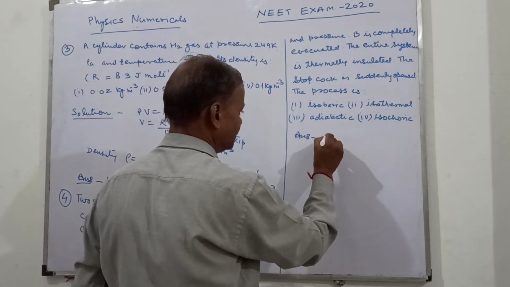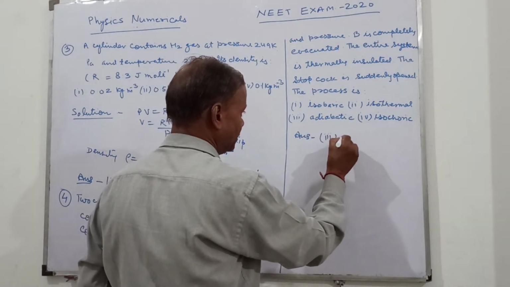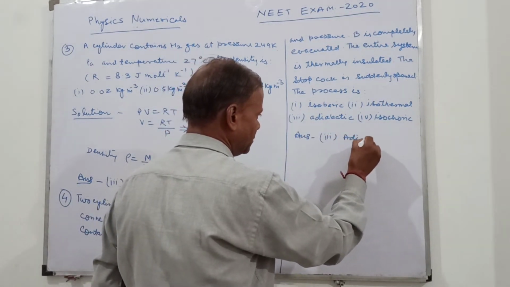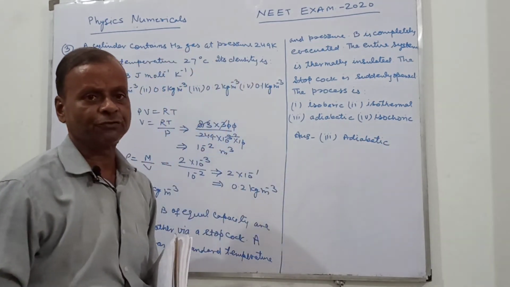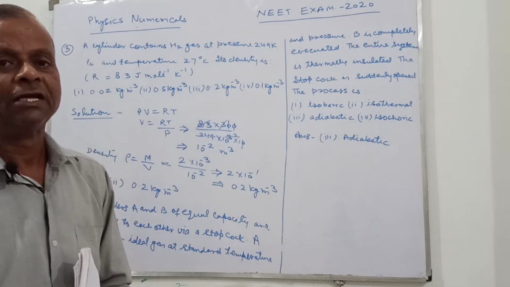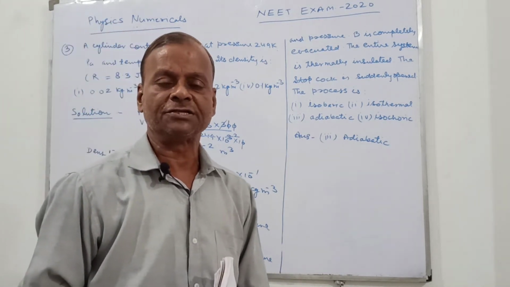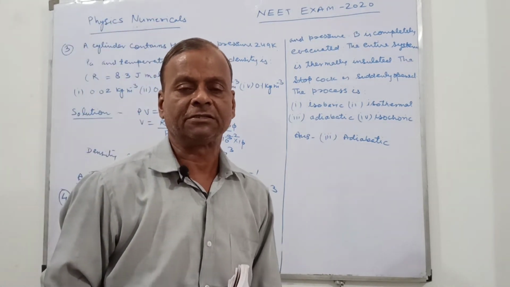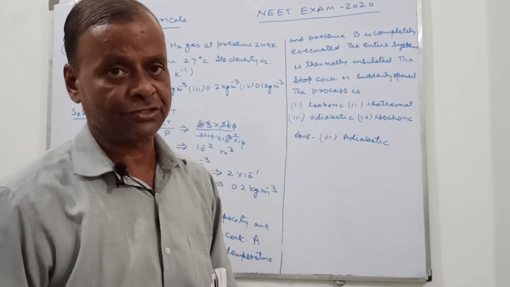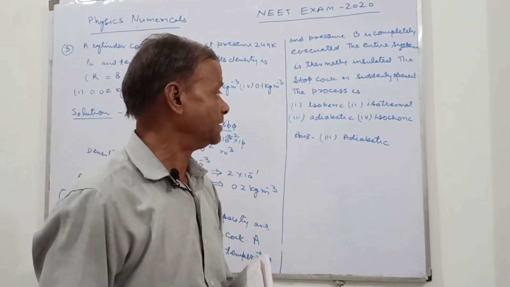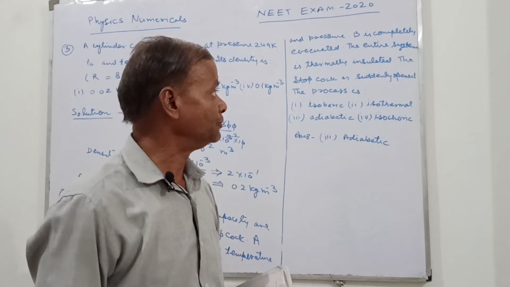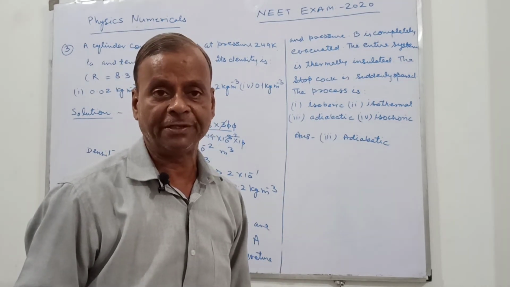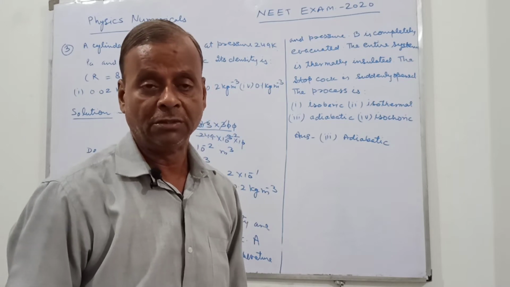Answer: third. In such questions, first you read the question carefully and try to understand what is given and the main thing that is asked, and then you write the answer and select it. This is a theoretical question, although it is based on the experiment done by Joule.